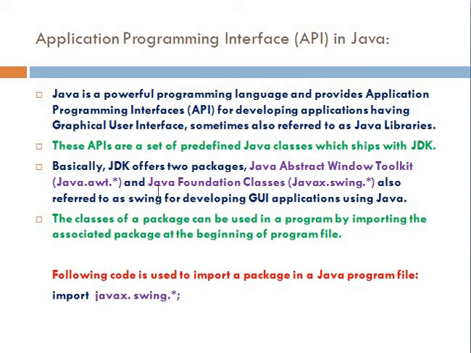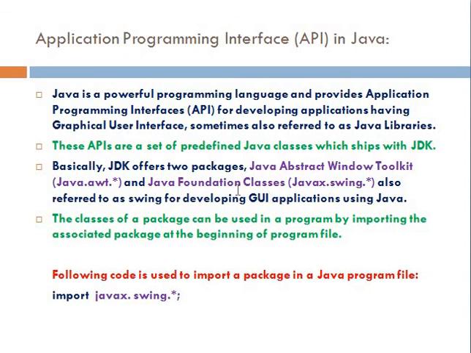And the second package is the Java Foundation classes. The name of this package is javax.swing.star, and here star again denotes the predefined Java classes which are inside the package javax.swing. So part of the Java predefined classes are inside the package java.awt, and part of the predefined Java classes are inside the package javax.swing.